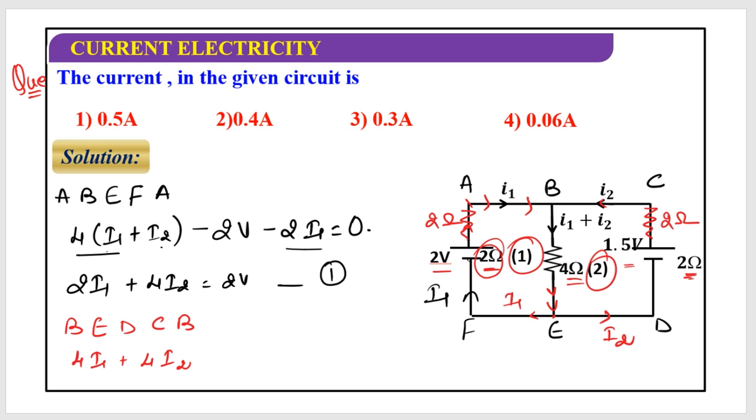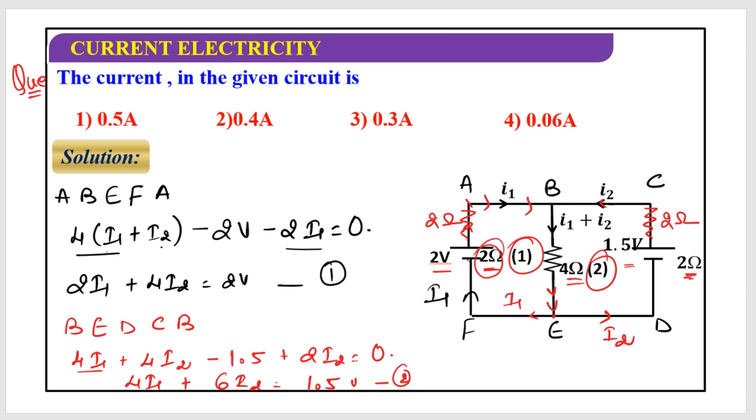From E to D, nothing to be written. Then minus 1.5 volt, then moving in the same direction, this is plus 2I2 should be equal to 0. So this is 4I1 plus 4I2 plus 2I2, it's 6I2, and that would be equal to 1.5 volt.